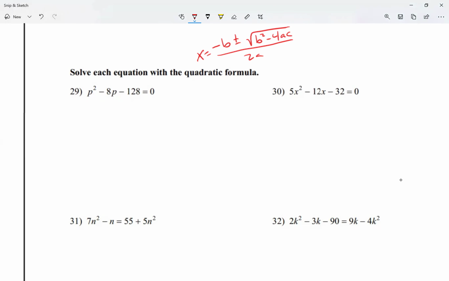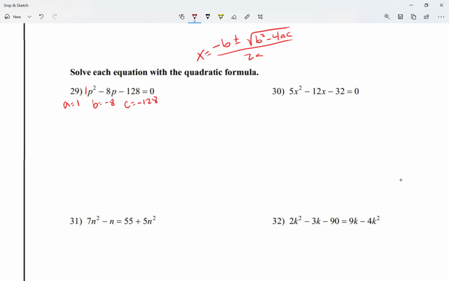Remember, we talked about what a, b, and c are yesterday. So looking at my values here for number 29, I'm going to say my a is 1 because it's the number in front of the p squared. My b is going to be negative 8, and my c is going to be negative 128.